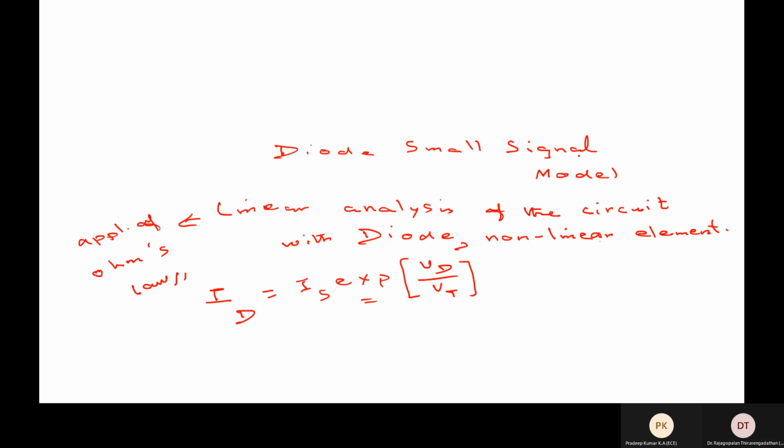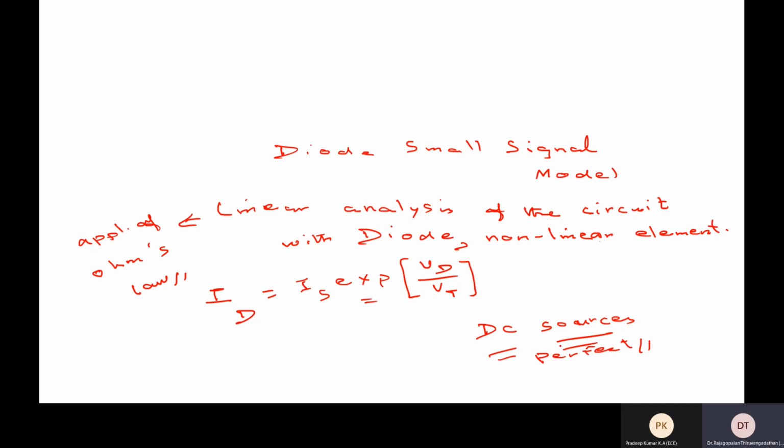Now, those things are fine when we are dealing with DC sources which are perfect. For perfect DC sources, fine. Which means there are no fluctuations with time, no superimposed oscillating signal with this source.